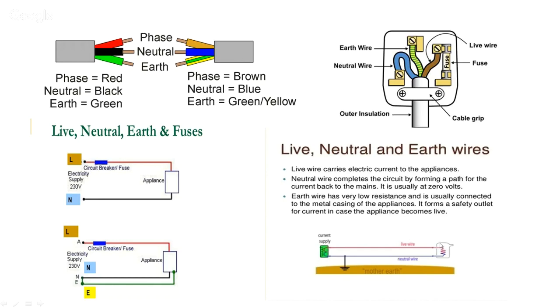Suppose there is any fault occurring in the appliance, then to safeguard the operating personnel, the appliance is always connected to the earth so that the current does not flow through the operating personnel and he will not receive a shock. So just as a safety measure, the appliances are earthed using the earth wire.